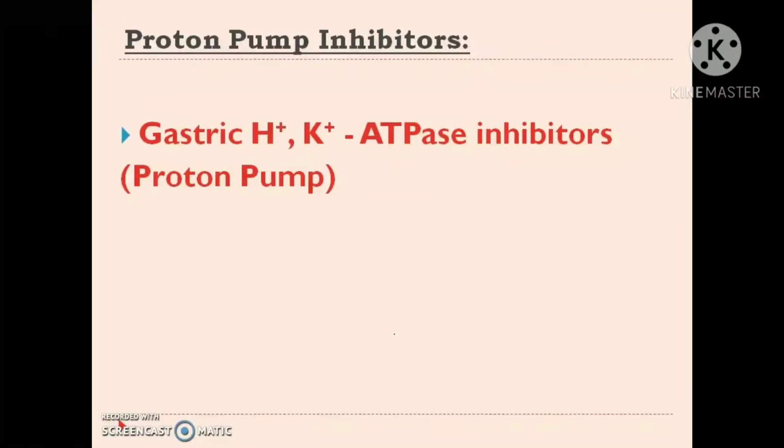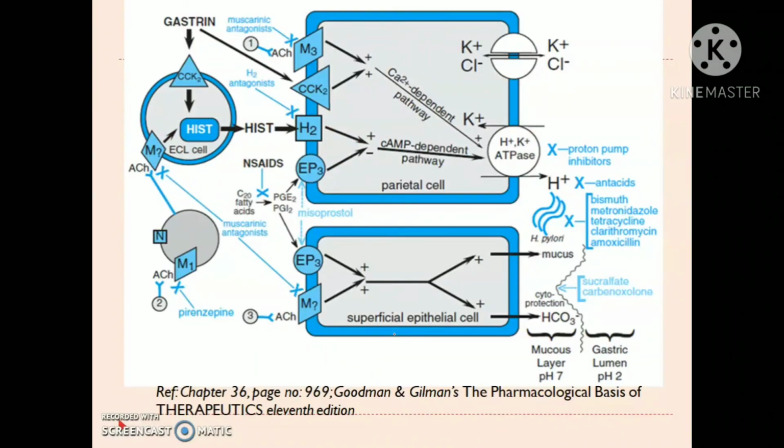Now coming to the next class of drugs that interfere with acid production, the proton pump inhibitors or gastric H plus K plus ATPase inhibitors. We will come back to the figure that we have seen during the regulation of acid production in the gastrointestinal tract.